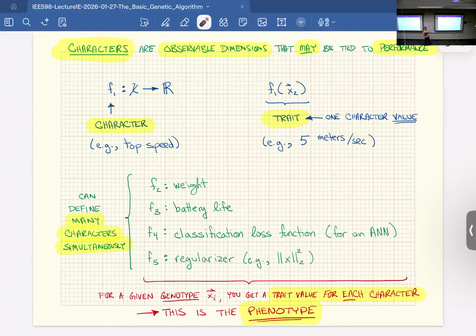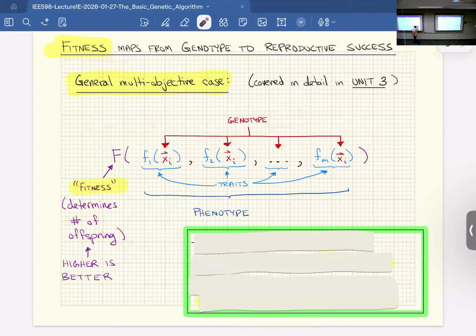So in biology, I'll say this to stall while I'm waiting for Zoom to catch up. In biology, fitness is a statistical descriptor of reproductive success. In biology, there is no fitness function. There's a fitness statistical representation.